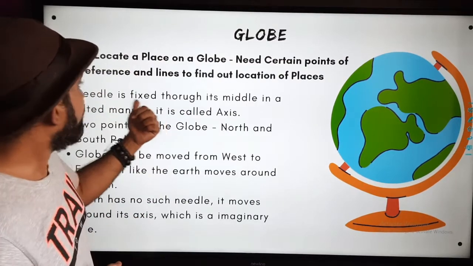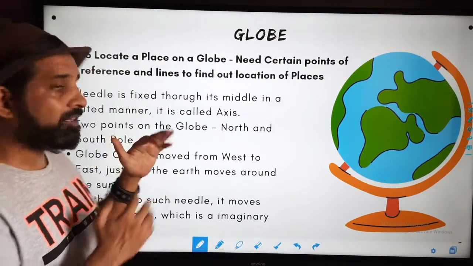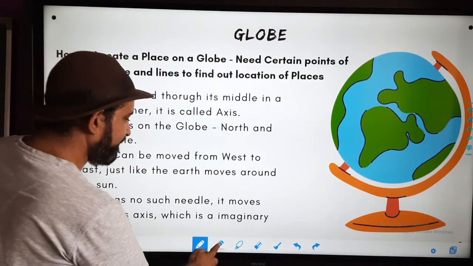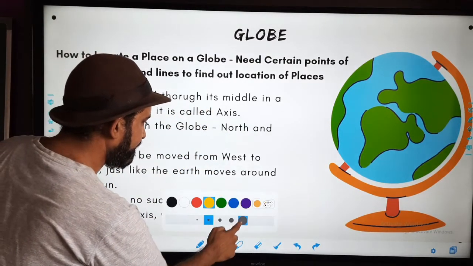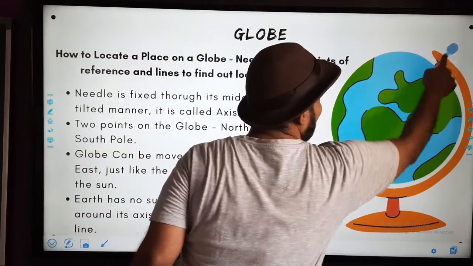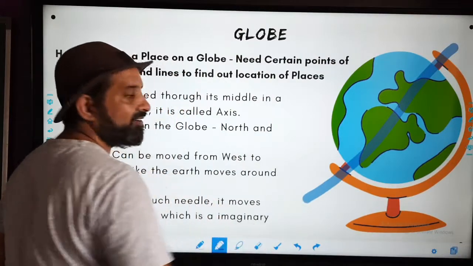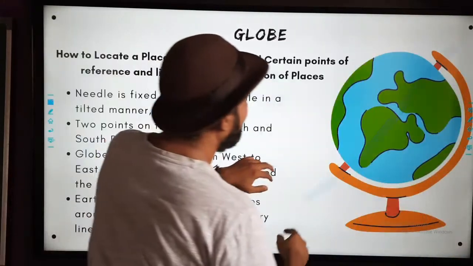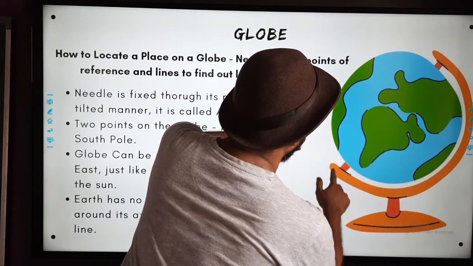There is a needle which is fixed through the middle and keeps the globe in a tilted manner. It is called the axis.